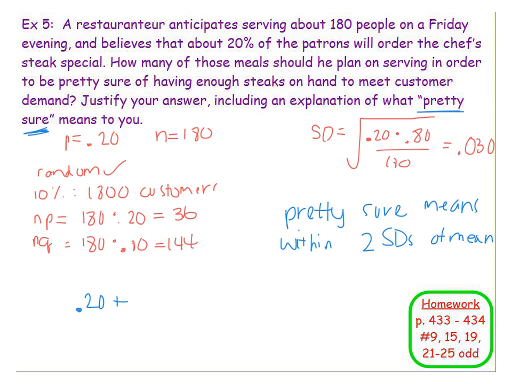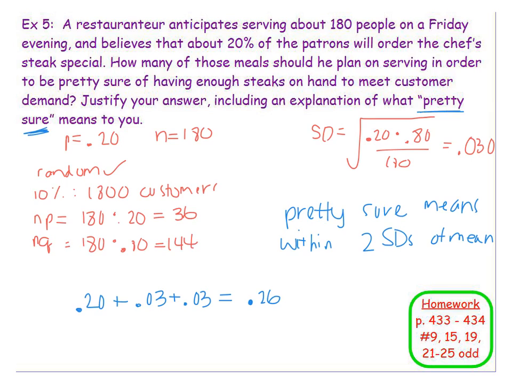So 1 standard deviation was 0.03. I'm going to add another because I need 2 standard deviations. So what we're going to assume is we need enough steaks for 0.26 of your people. So this is the percent of the total.